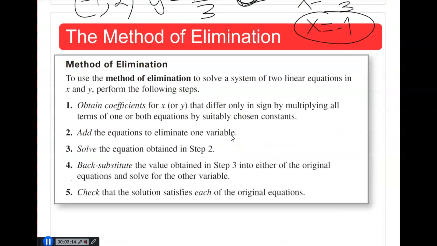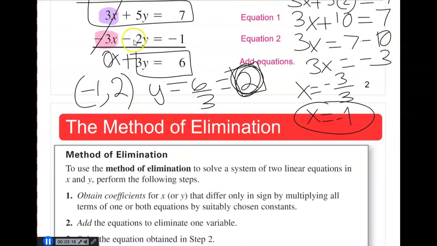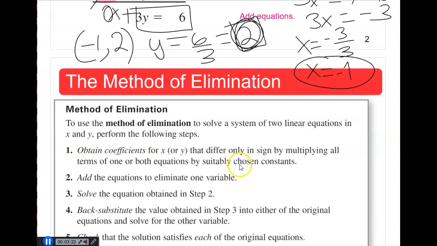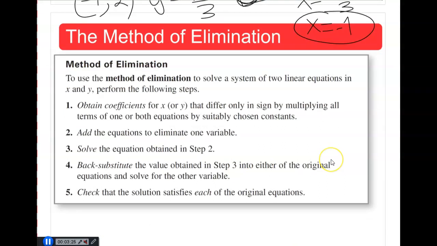Now whenever that is not possible, that you don't have coefficients that are opposites, like in the case of 3x and negative 3x, you will have to multiply all the terms in one equation, or sometimes in both, by a constant.